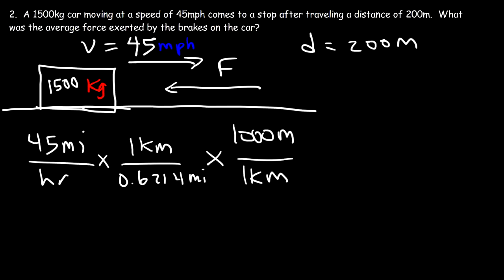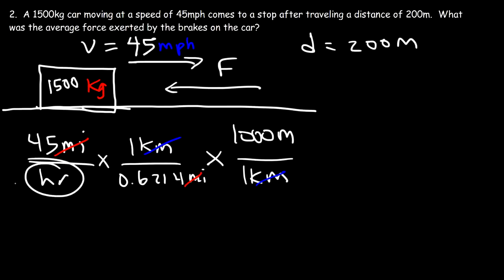You want to set it up in such a way that the unit miles cancel. And also you want kilometers to cancel as well. So right now you have meters. If you don't understand this, you may want to watch my video on metric system review and unit conversion and dimensional analysis, which I'll teach you how to convert from one unit to another.